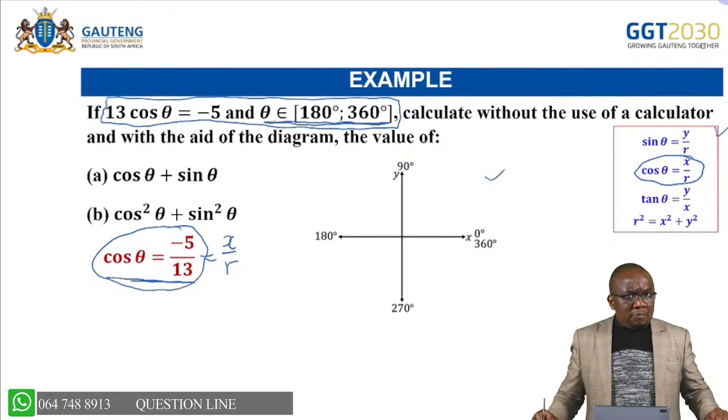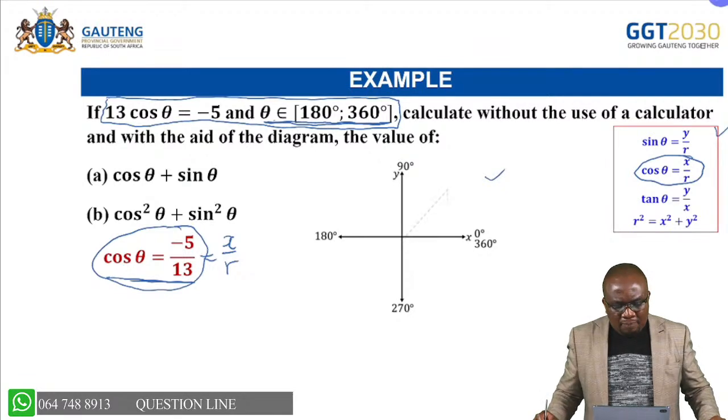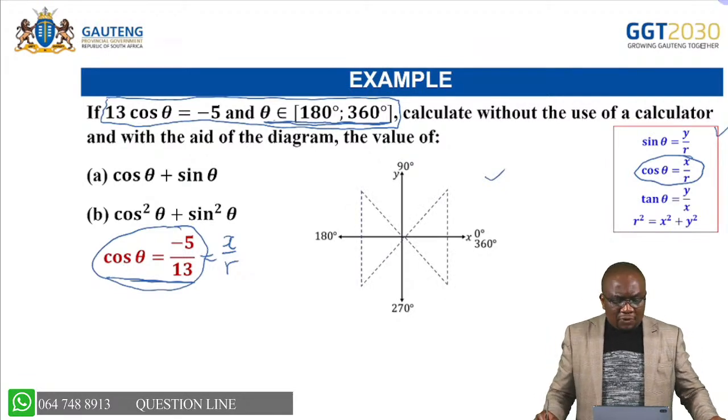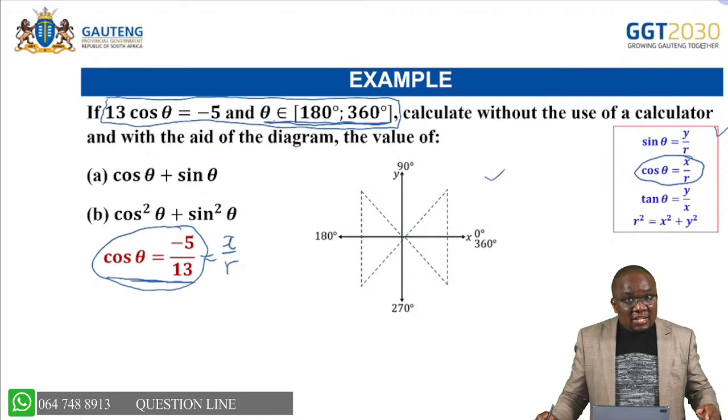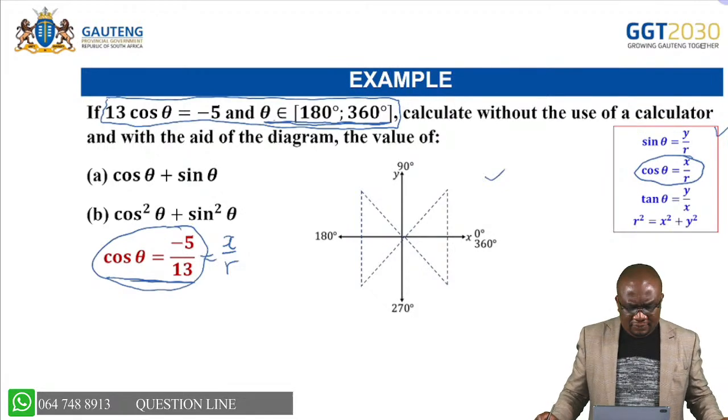We said it's going to be in the third quadrant. So we draw our butterfly. Can you just do that? 30 seconds, draw the butterfly. And then if you can draw your terminal ray in the third quadrant, can you do that? That's our butterfly. Draw the butterfly.